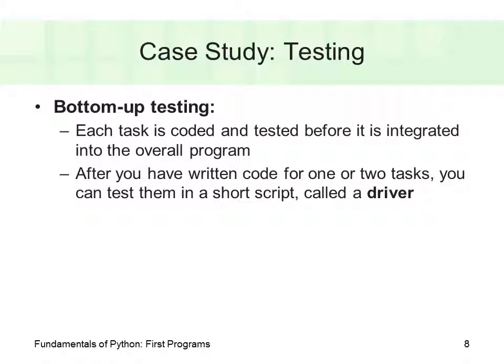So it just gets in the counts and computes the index and the level by itself. This would be an example of bottom-up testing.